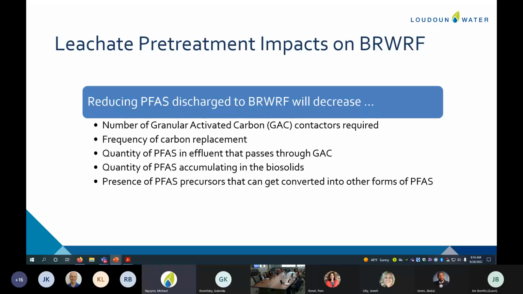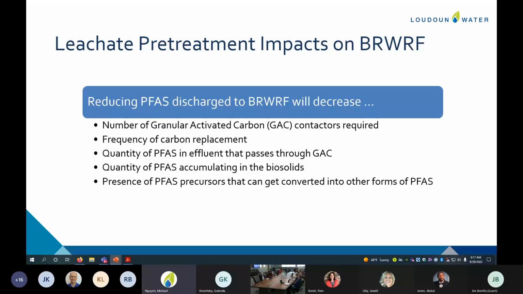Biosolids stay in our plant for 30 days before they're discharged. So they're accumulating PFAS from the wastewater day after day. So you'll see increasing concentrations there because when PFAS is removed from the water, it's moving into the solid form.